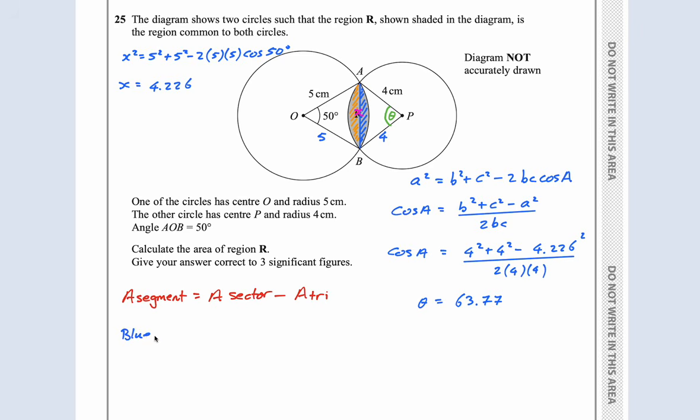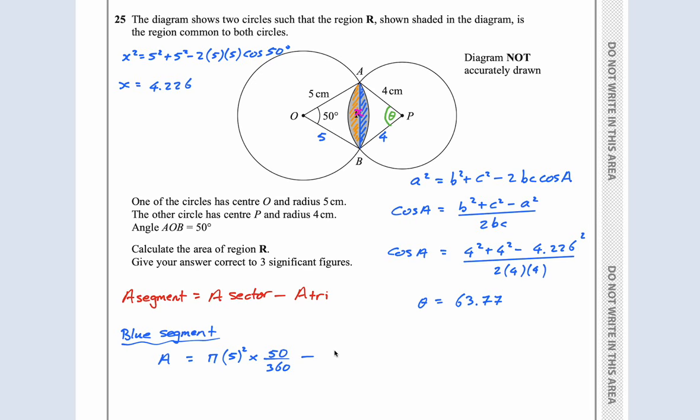The blue segment area is equal to area of the sector. The area of the sector is pi r squared times angle over 360, pi times 5 squared. And now we need to minus the area of the triangle.